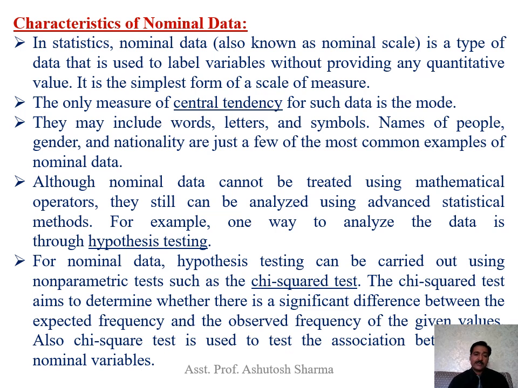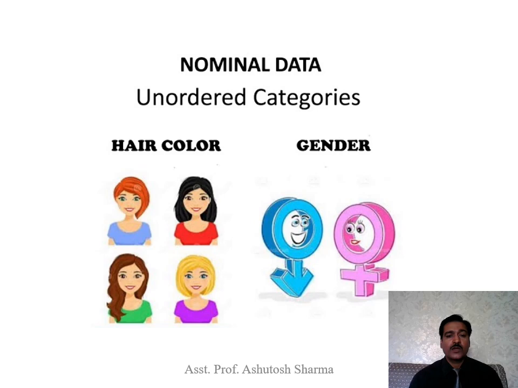So here, yes, definitely we can test the hypothesis about the association between two nominal variables by making use of chi-square test. So this was all about nominal data. Let's move further. Here I have given you some examples for the better understanding of nominal data.